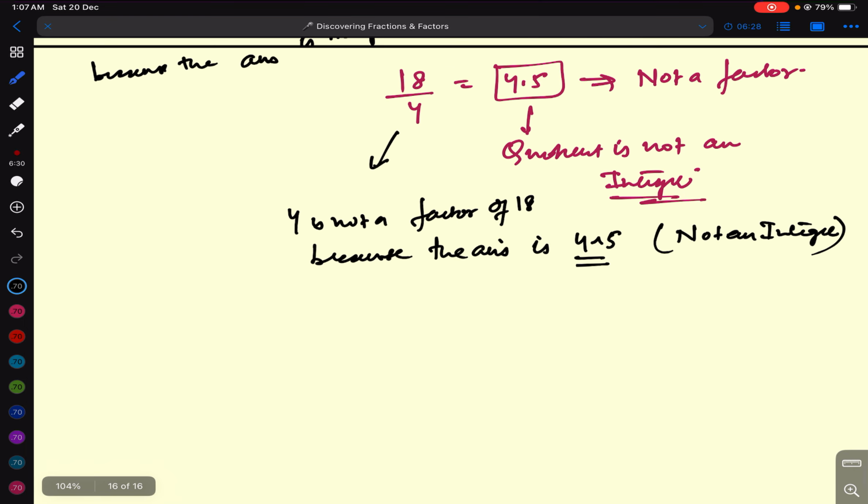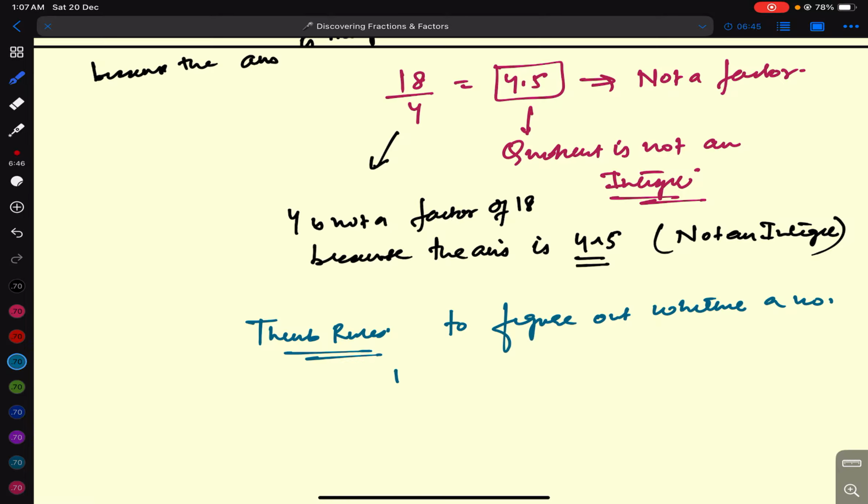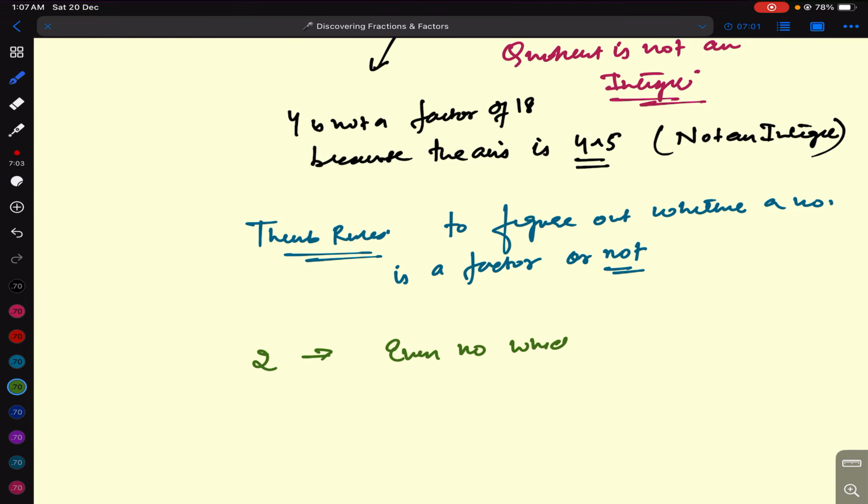Now there are a few thumb rules to figure out whether a number is a factor or not. Let's say the number is 2. An even number is always divisible by 2.